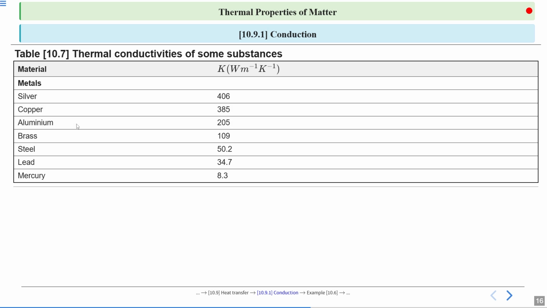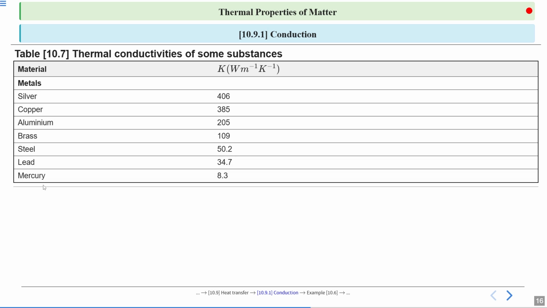For aluminium, the thermal conductivity is 205. For brass, 109. For steel, it will be 50.2, and for lead, 34.7, and for mercury, 8.3. So these are the thermal conductivities of metals.